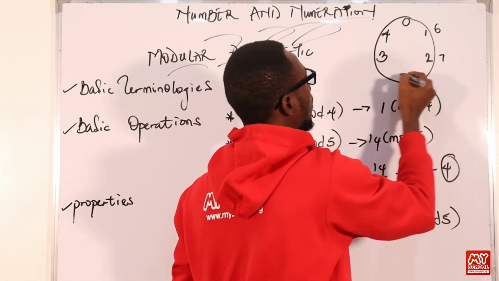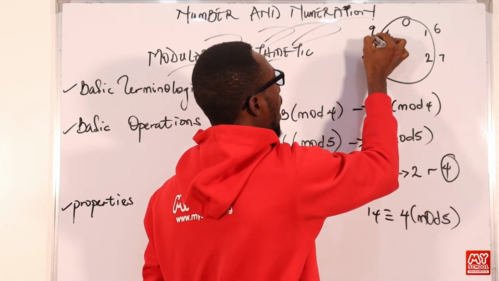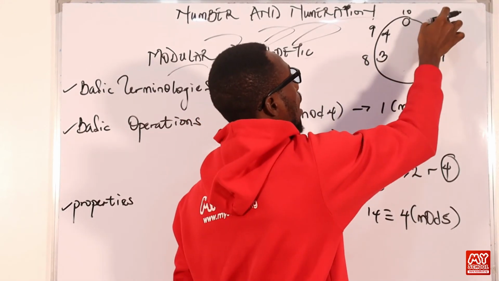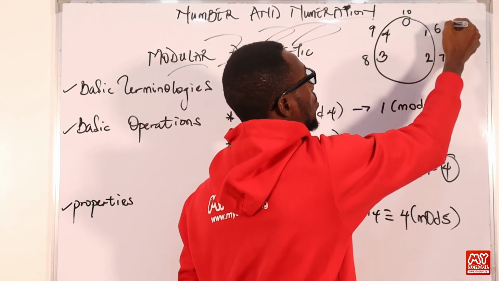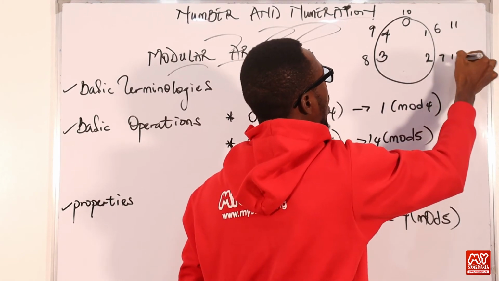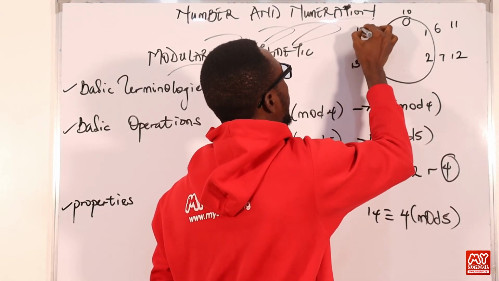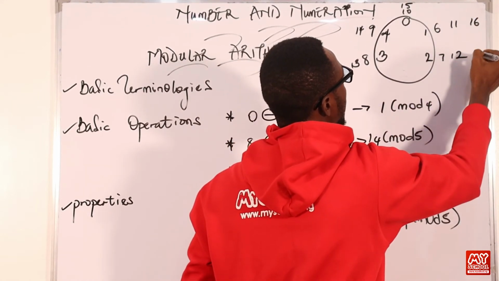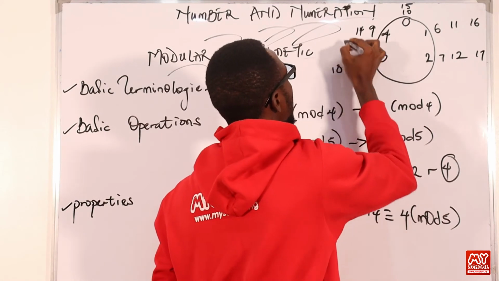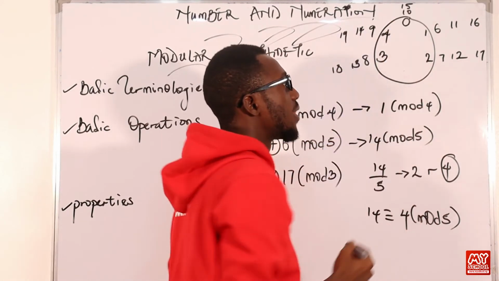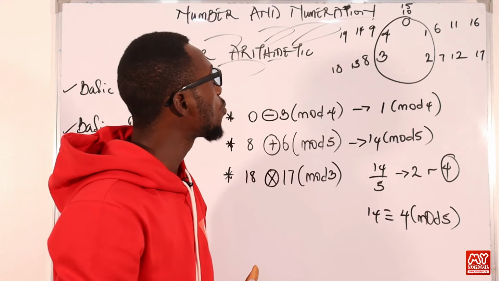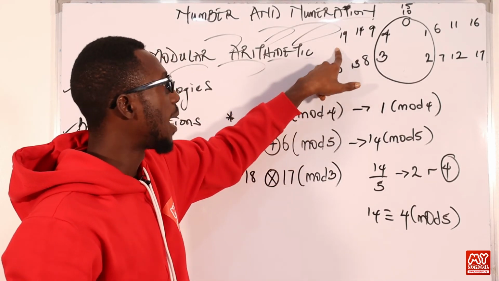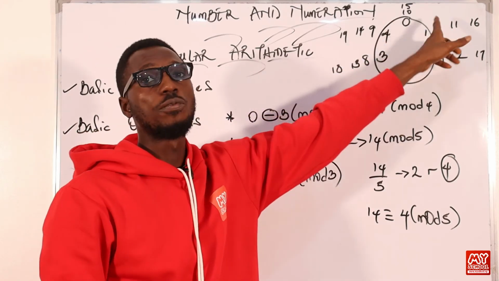This will be 7, 8, 9, then afterwards I have 10, 11, 12, 13, 14, 15, 16, 17, 18, 19, then 20. So if you want to trace it out, where do we have 14? You can see that 14 is congruent to 9, to 19, to 4 in modulo 5.